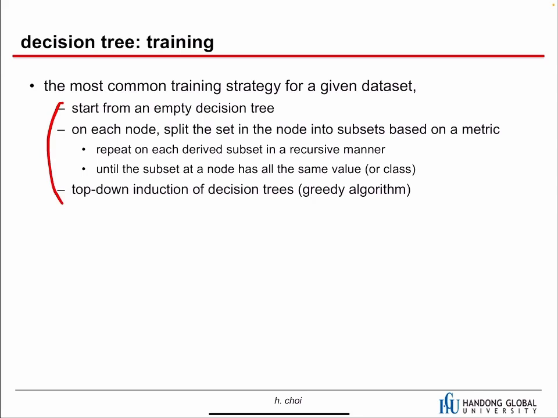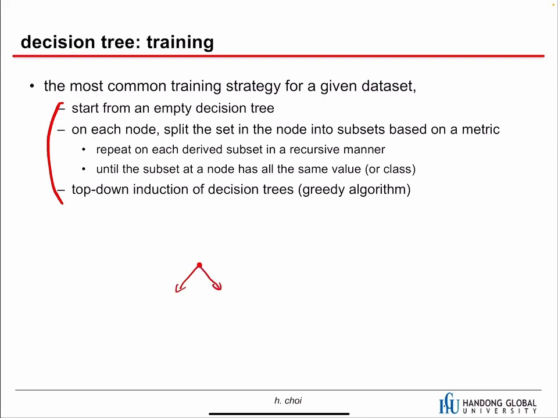We start from an empty decision tree, so we have just a simple empty root node, and on each node we split the set in the node into subsets based on a metric. So we have to find a feature, and then we have to find a threshold, and then we can split the set.